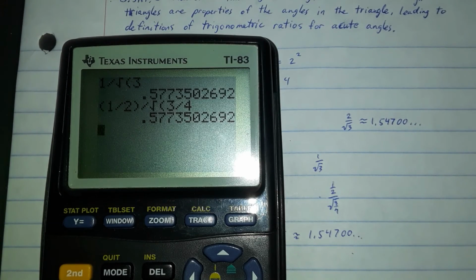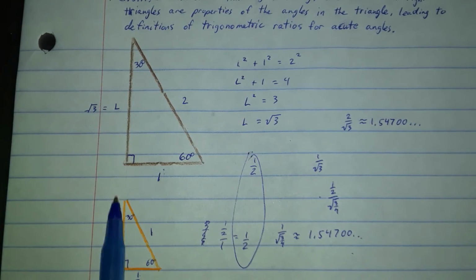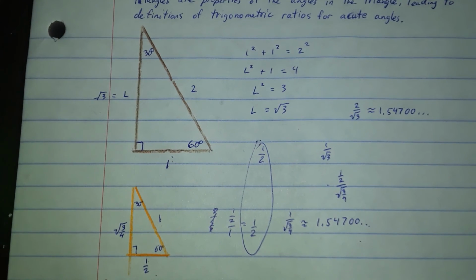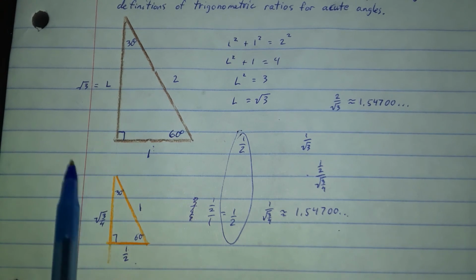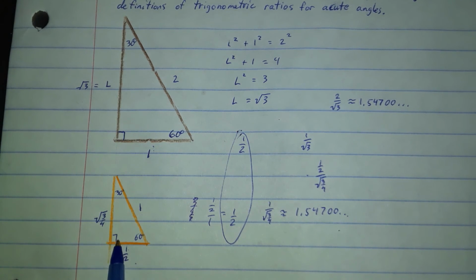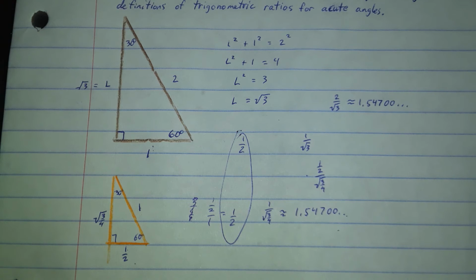And so it doesn't matter how we go around the triangle, we get these consistent ratios, even though the triangles are physically different sizes. The only thing that's staying the same between this triangle and this triangle are the angles. And then we now learn that these ratios here and here are also remaining the same.